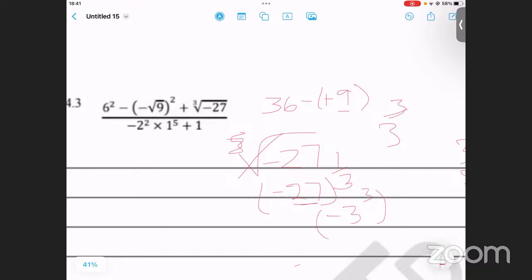If you put on your calculator 3 to the power of 3, it is equal to 27. It's something that they expect you to know. These small numbers you should know. 2 to the power of 2 is 4. 3 to the power of 3 is 27. 4 to the power of 4 is whatever. Those are the things that you need to know.